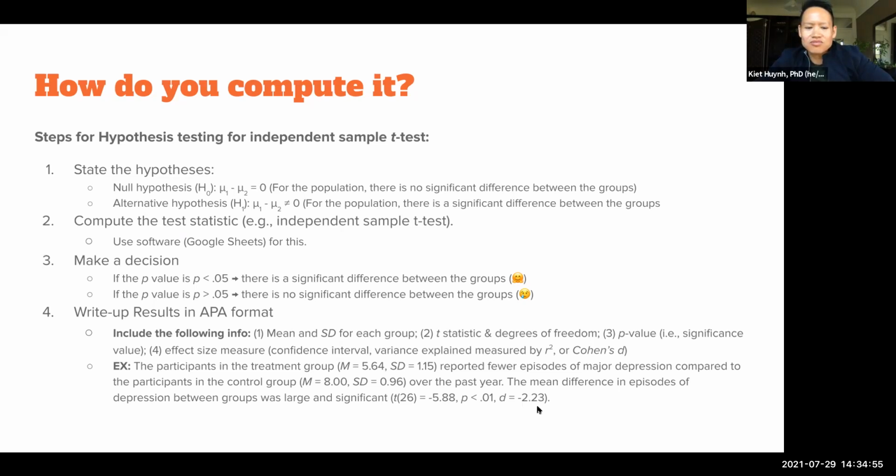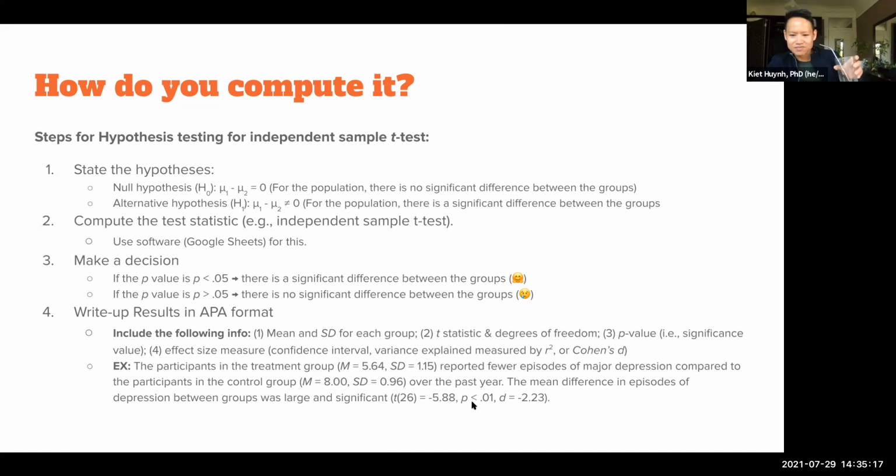So you see here, when you write up the results, you want to say what you found, and you want to provide the numbers, the statistical numbers, which is the evidence of your findings. Because just by saying it is not enough. You have to back up what you're saying with evidence. And the evidence we're using here is the statistical result, which is what all these numbers mean.